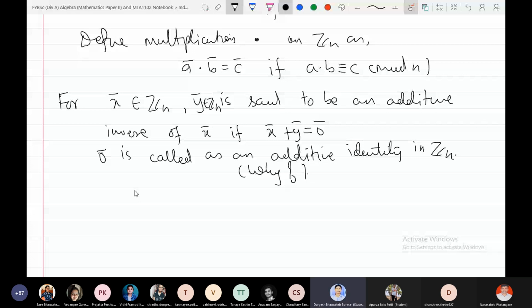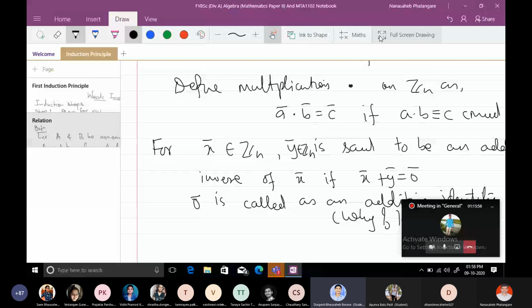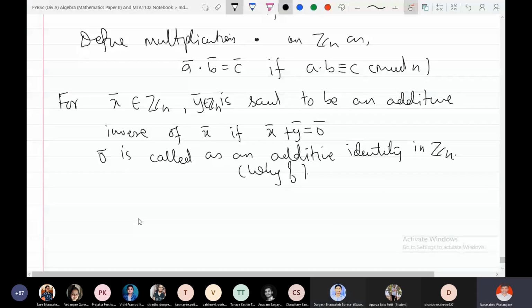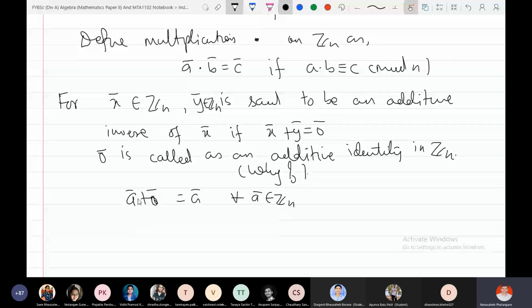Because a plus 0 equals 0 plus a equals a for all a in R. So a bar plus 0 bar is equal to a bar for all a bar in Zn, because if you add any element of Zn with 0 bar, it doesn't affect that element. So 0 bar is the additive identity. And therefore the additive inverse of any member is a y bar if their sum is the additive identity, like in real numbers. You discussed this idea in real numbers, right? So what is the additive inverse of some element? If added with the element, it will give us the additive identity.